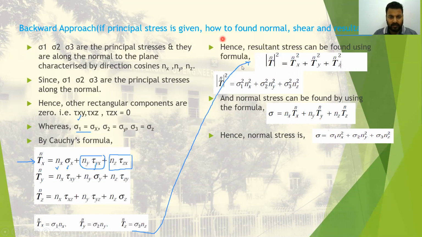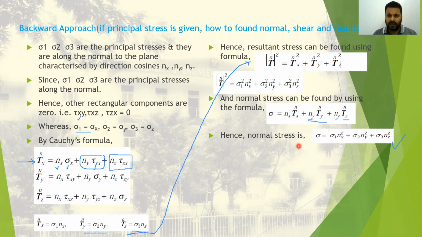Tyn is equal to sigma 2 ny, and it is multiplied by ny, so that it is sigma 2 ny square. Tzn is equal to sigma 3 nz and multiplied by nz, so that we get the value of normal stress like this.